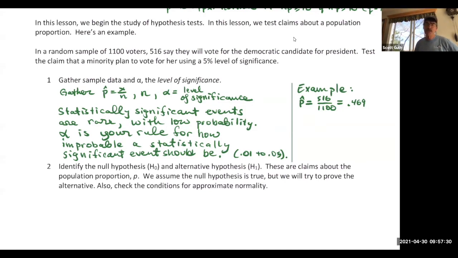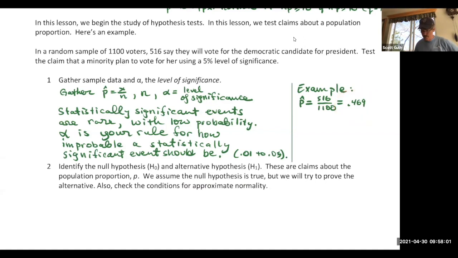We have to think about whether this can be within the margin of error of 50%, which is the cutoff for a minority. You have to be less than 50% to be a minority. So yes, this is less than 50%. That is a minority, but is it within the margin of error? That is to say, is it statistically significant in terms of how much less than 50% it is?